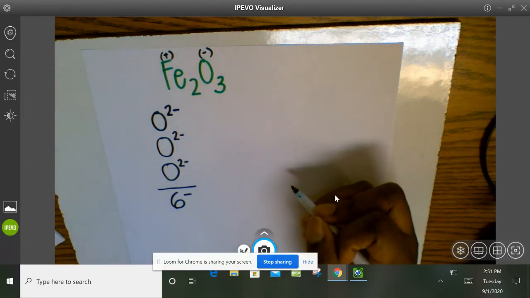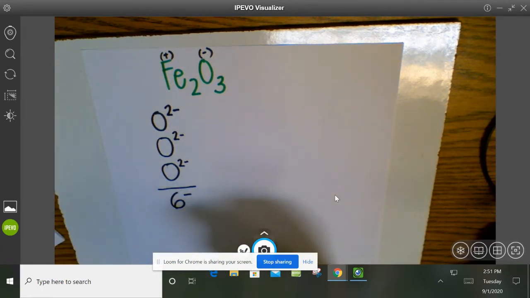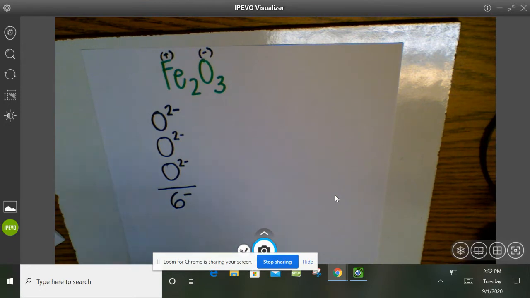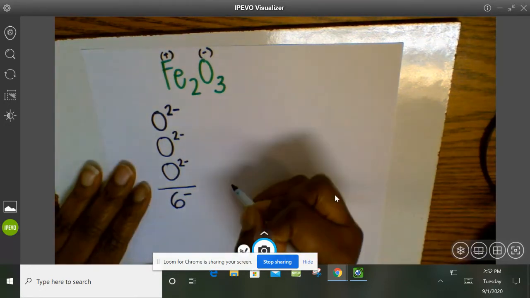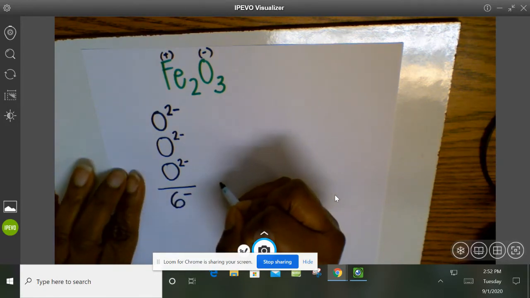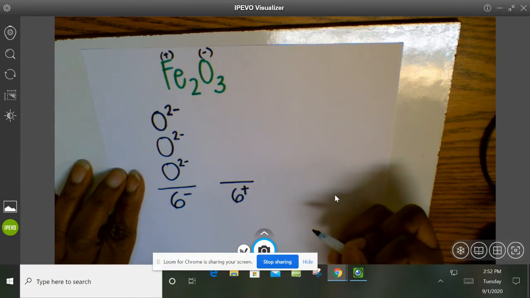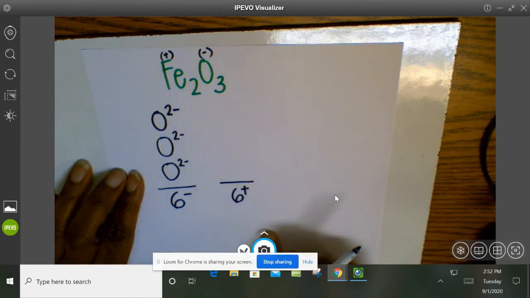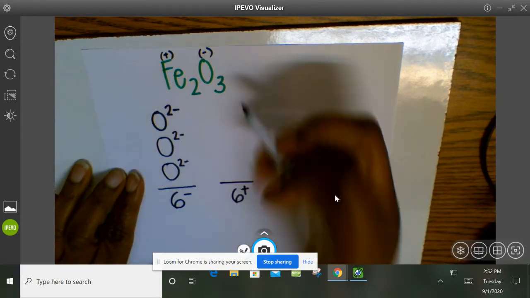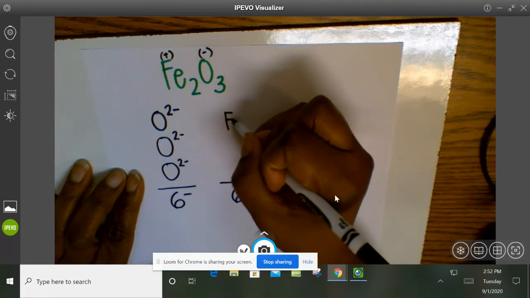Now, earlier we discussed that ionic compounds are neutral, meaning that the overall positive charge will equal the overall negative charge. So if the negative is 6, then the positive has to be 6 as well. I go back to my formula and I see that there are 2 Fe's.